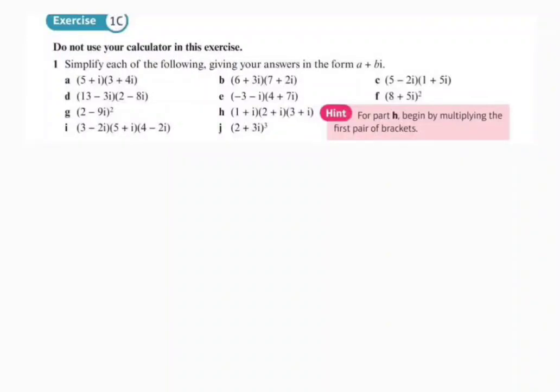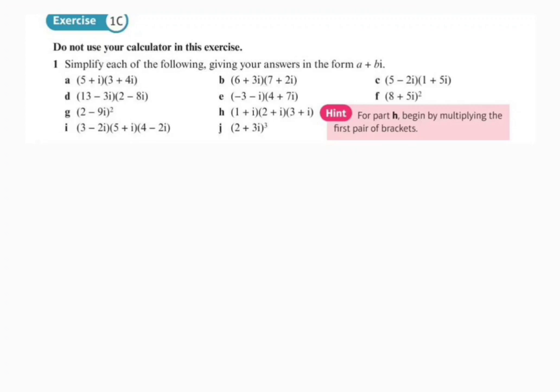This video is on question 1 of exercise 1C of the A-Level Further Maths Core 1 textbook. This exercise is mainly about multiplying complex numbers and expanding brackets that have complex numbers.